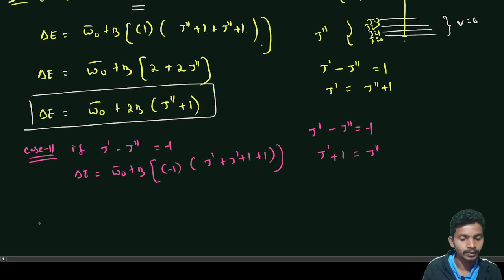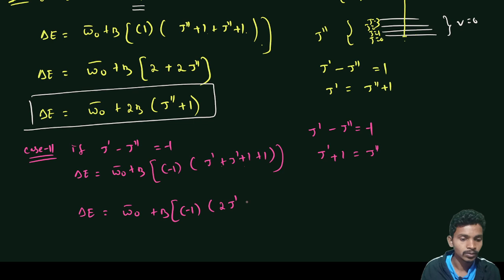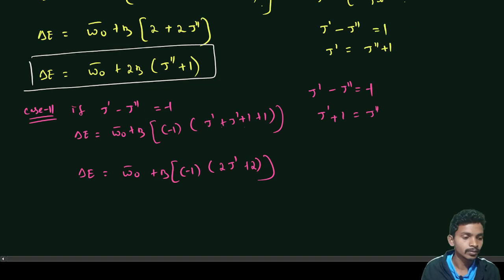Okay, so now this delta E is equal to omega naught plus b times minus 1, and this becomes 2j dash plus 2. So here delta E is equal to omega naught plus b.